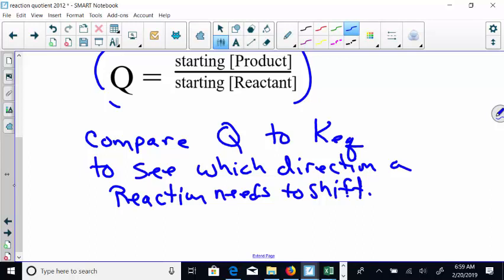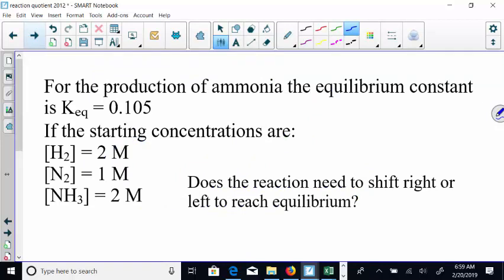Okay, so it's the same exact math, you're just going to be working with some different numbers. So let's look at an example.